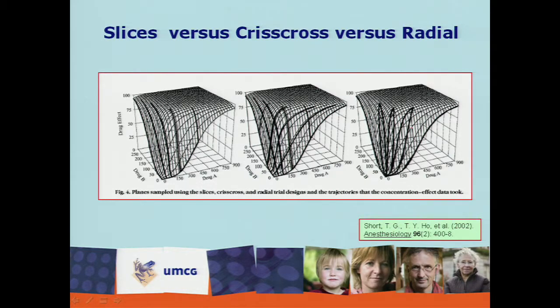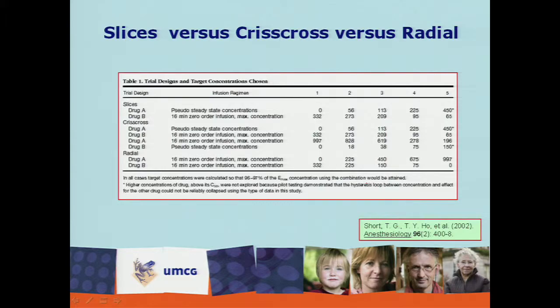They studied, with an existing data set, a slice approach, so they only studied one direction, or you do what is called the crisscross approach, where you crisscross, not at random, but in a well-orientated way over the surface, or you do what is called the radial trial approach. So these are the three approaches in the combination of the drug concentrations that you need to do to have enough information to fit your data to a specific surface.